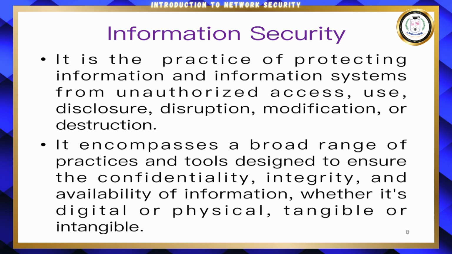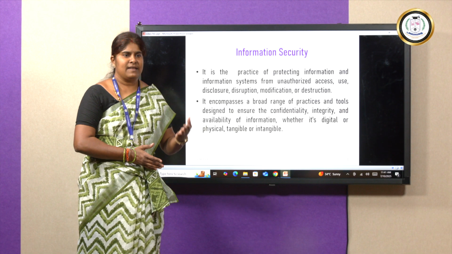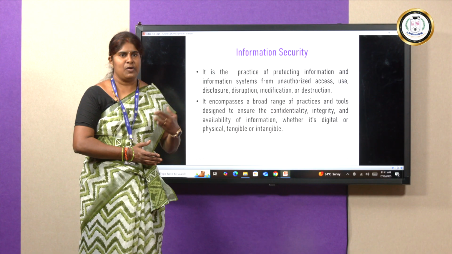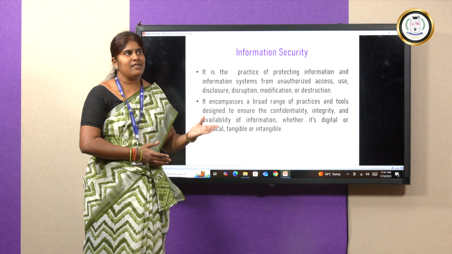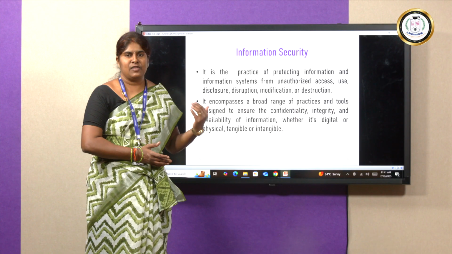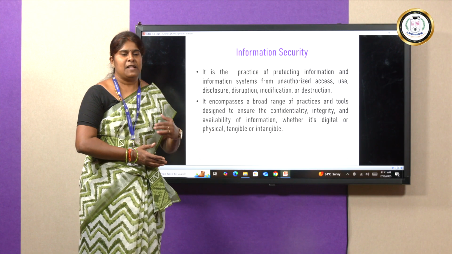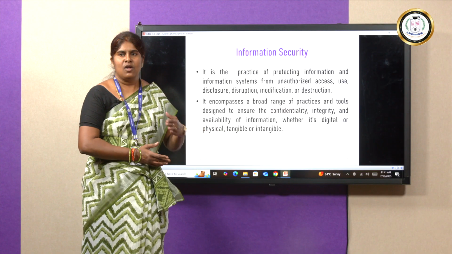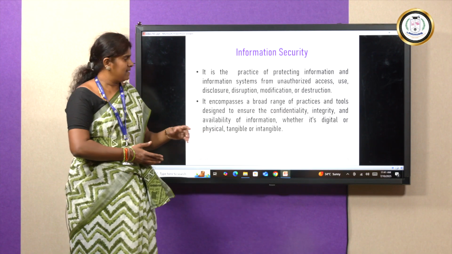Next, information security: here you provide security to your data as well as your information system. This can be done by setting passwords, encrypting the data, etc. You do all this so that unauthorized people don't access your data, don't disclose it, and don't delete or modify it. When you provide security to your information, only the authorized person will be able to access the data.